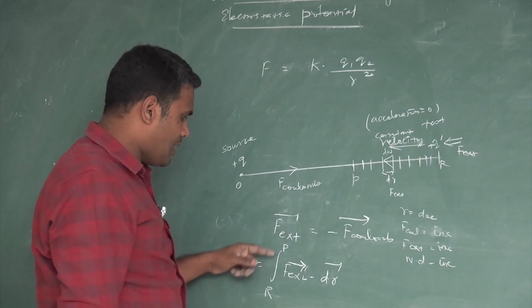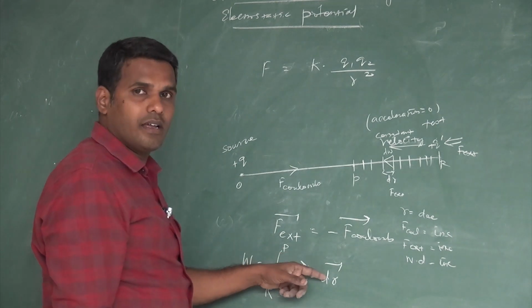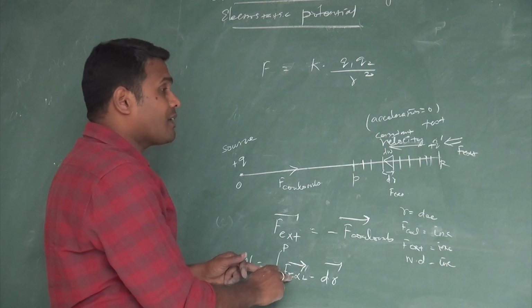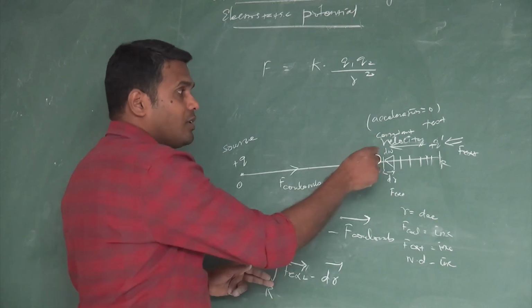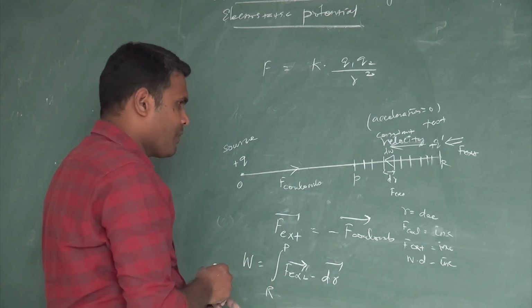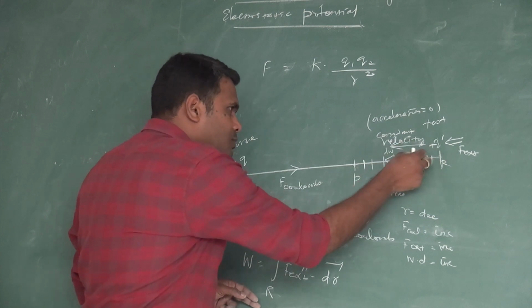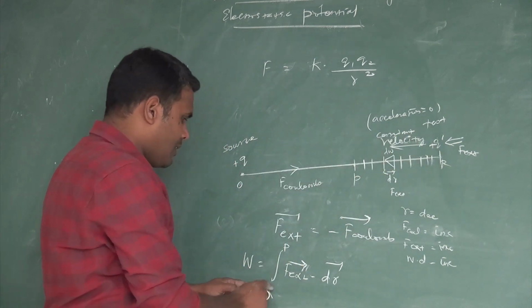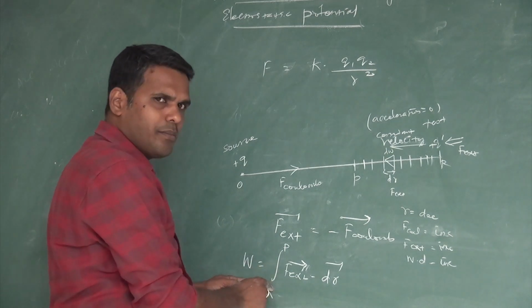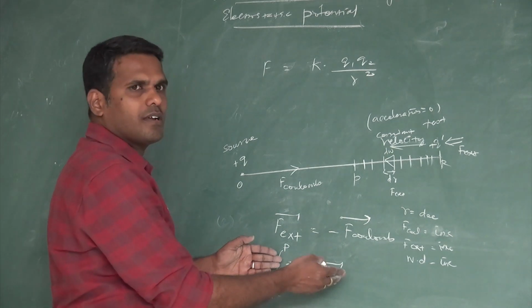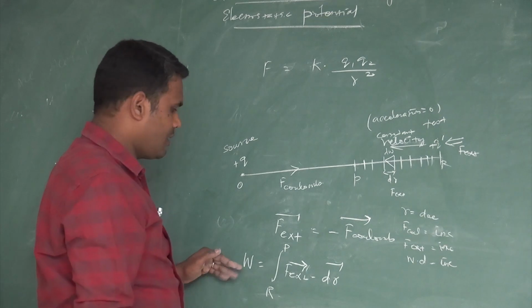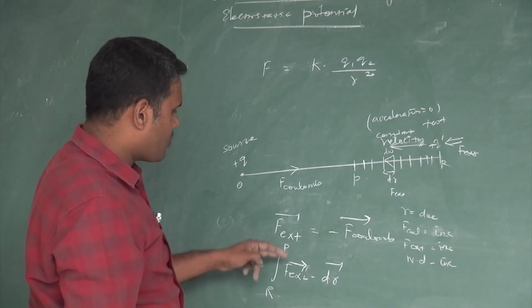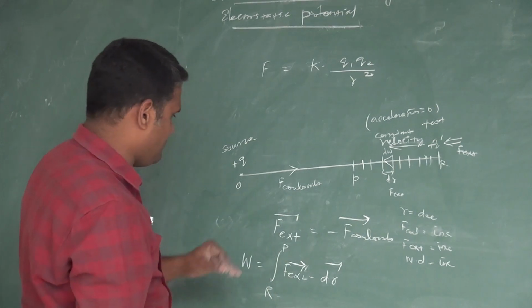W equals integral r to p F external vector dot dr vector. This F external vector dot dr vector will give you the small amount of work done. As you add up all the small work done between r and p, that will give you the total work done. This integration is nothing but summation. You are adding all the small amounts of work done, so you are getting the total work done. W equals integral r to p F external dot dr vector.